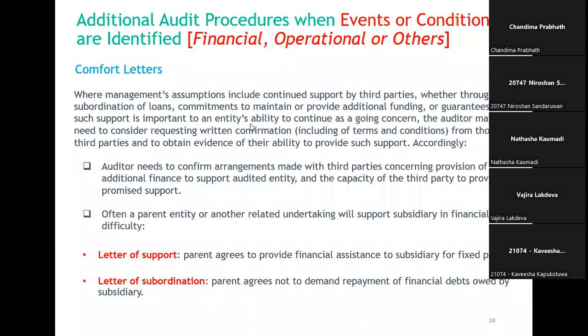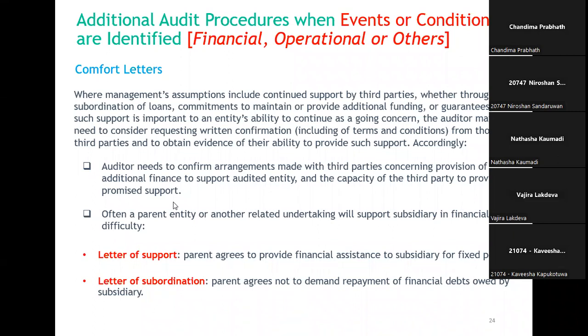It had no capacity to support its subsidiary in Sri Lanka. So that's why the capacity of the third party to provide support is very important. Now in Sri Lankan Airlines, the government has given it. The government is considered to be the most creditworthy, and they have the capacity. But if a loss-making entity is giving the letter of support, it is unlikely that the auditor can accept that as a mitigating factor.